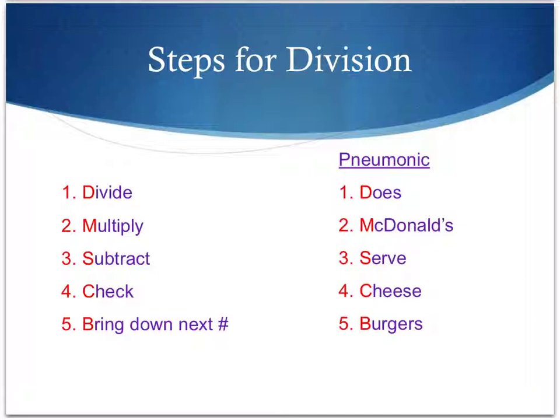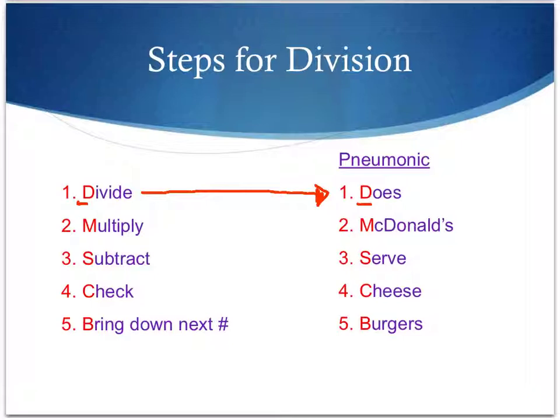To the right, I've put down a mnemonic, and a mnemonic is basically a phrase that we can set up that helps us remember the original steps of divide, multiply, subtract, check, and bring down. So my mnemonic is, does McDonald's serve cheeseburgers? And you'll notice that when you look at the first letter in each particular word, they match. So divide and does relate to one another.